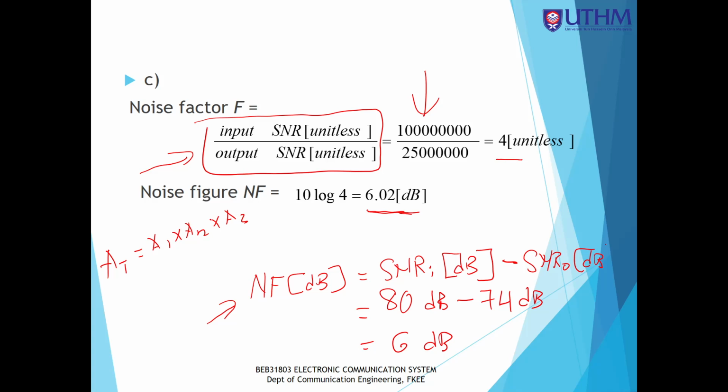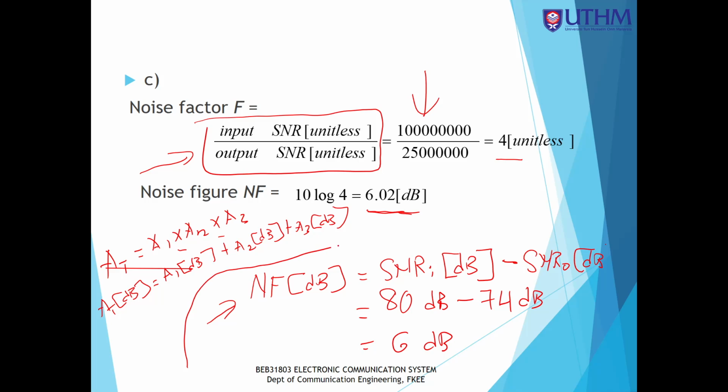As I said last week, the multiplication process in unitless is equivalent to the addition process in decibel, so you can write A1 in dB plus A2 in dB plus A3 in dB. For this case, the division process is equivalent to the subtraction process in decibel. After you get 6, you need to convert into unitless to get the value of F.